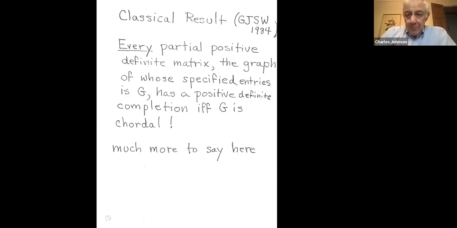In other words, which are the patterns for which only knowing that you're partial positive definite is enough to know that there's a positive definite completion. And the answer is given here: every partial positive definite matrix, the graph of whose specified entries is G, has a positive definite completion if and only if G is a chordal graph, which I mentioned before.